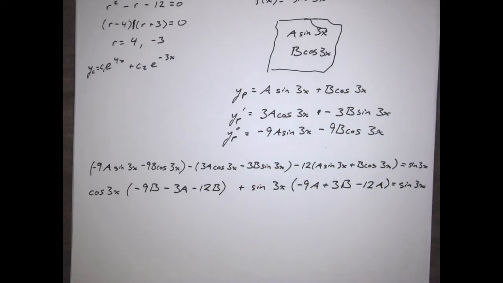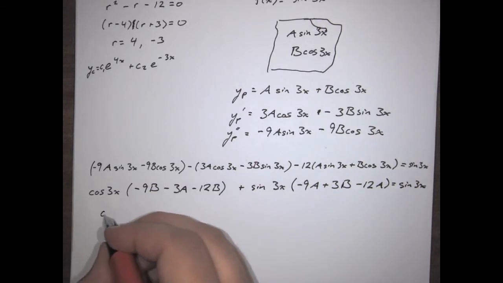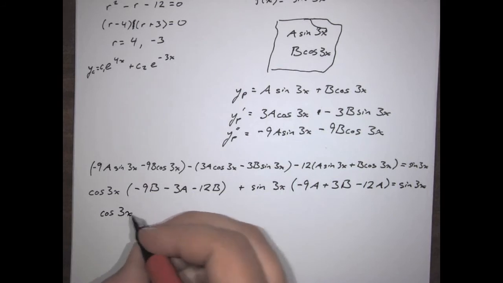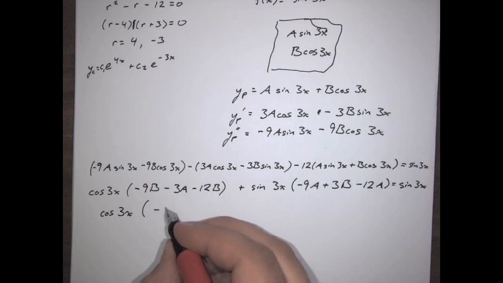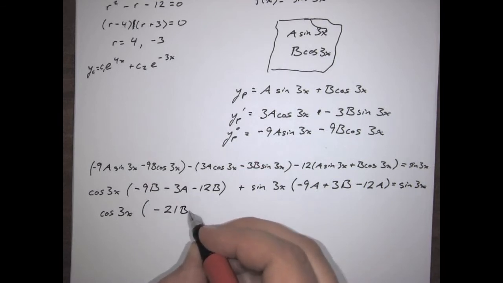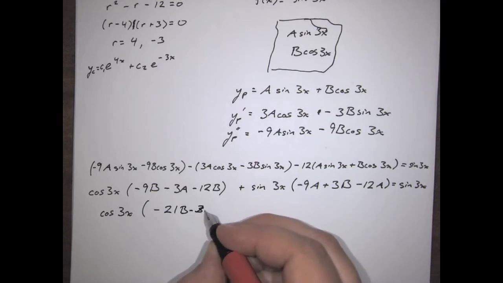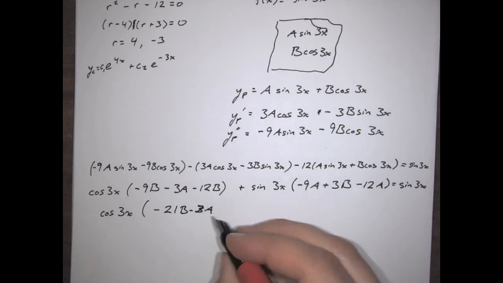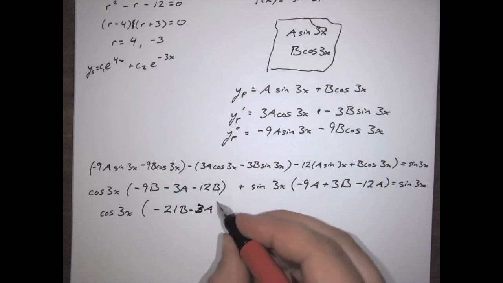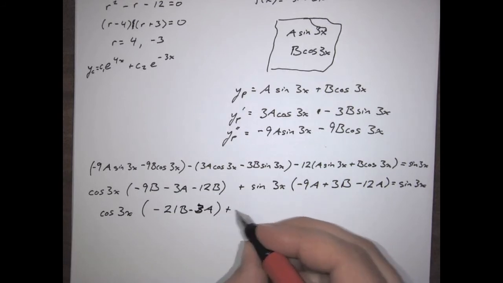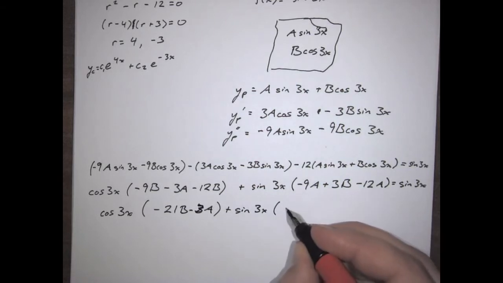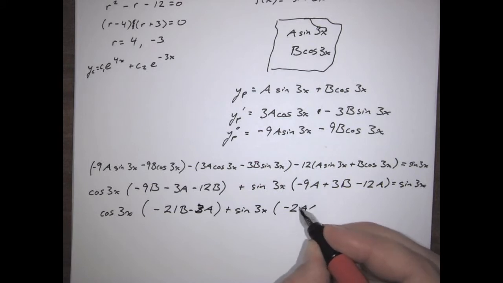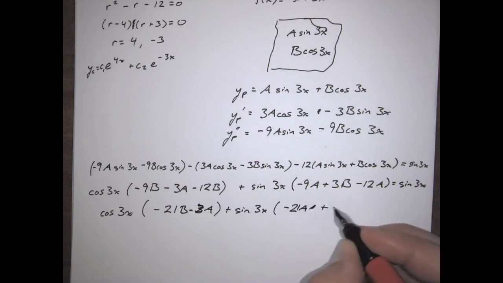Okay, so then we can combine some of the terms. So cosine 3x times, collecting the b's, it's going to be minus 21b minus 3a, and then for the sine 3x we are going to have minus 21a plus 3b.